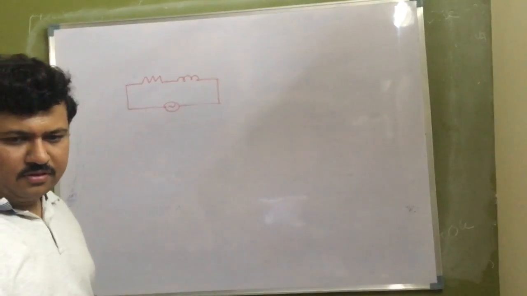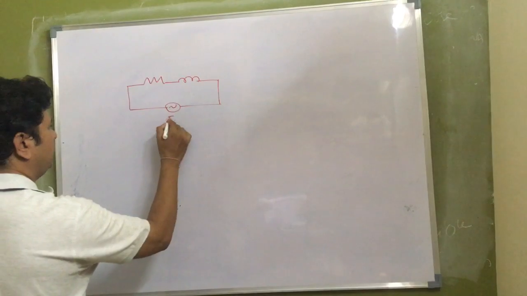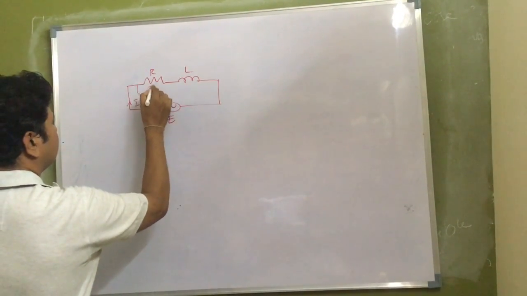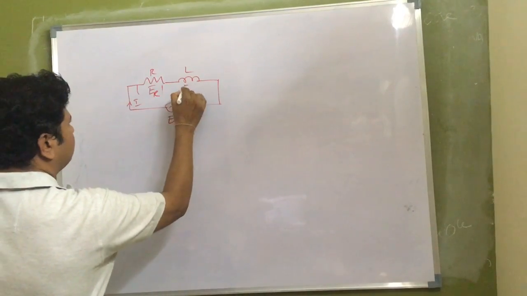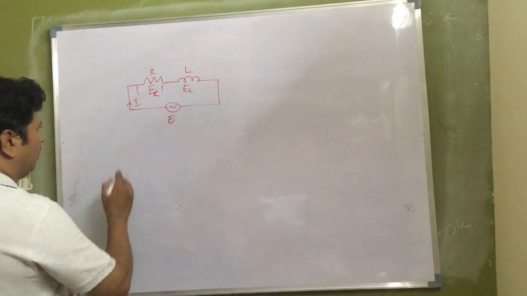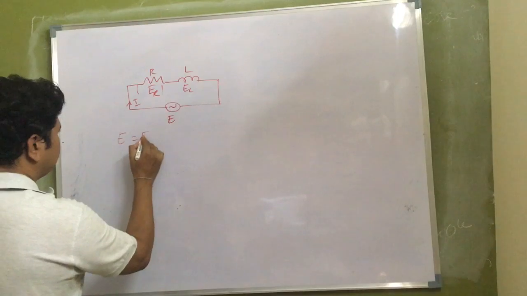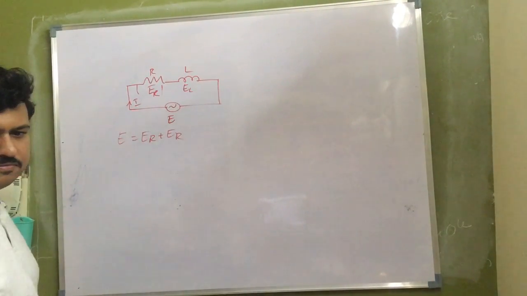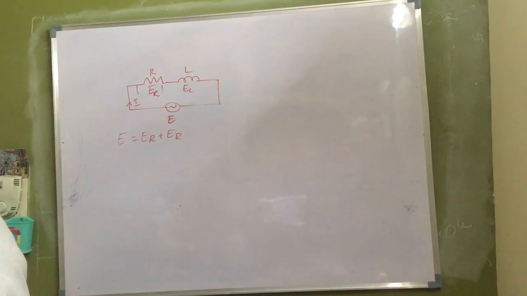Here this is E, this is I, R, L, ER, EL. I will draw the vector diagram to get this: E is equal to ER plus EL. I want this condition, and from the vector diagram I will get this.